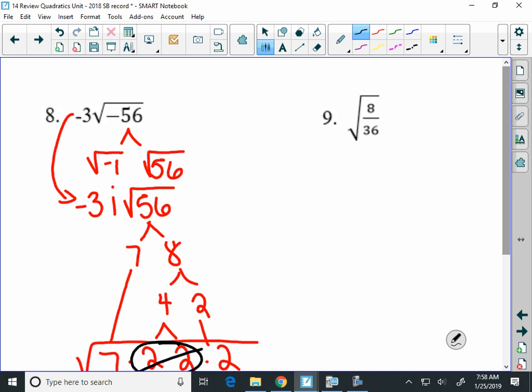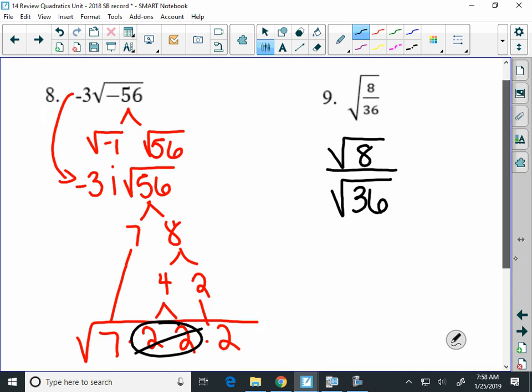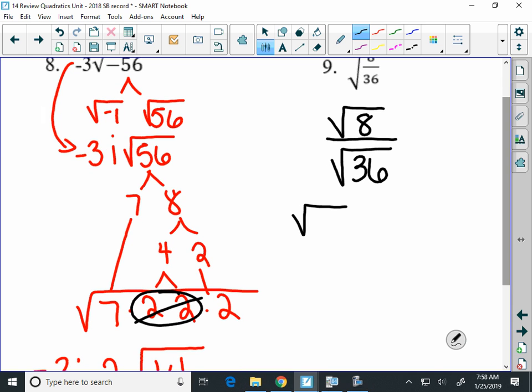Problem number 9. When we're taking the square root of a fraction, break apart this square root. Square root of 8 over 36 means the square root of 8 divided by the square root of 36. And what we need to do is take the square root of 8, and take the square root of 36.